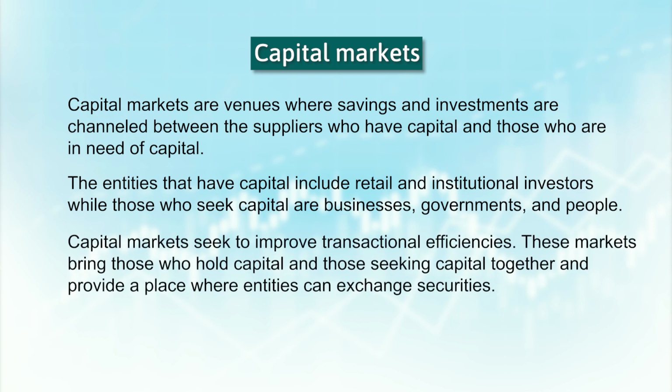Capital markets also seek to improve the transactional efficiencies. These markets bring those who hold capital and those who seek capital together, and hence provide a place where entities can exchange securities amongst themselves.